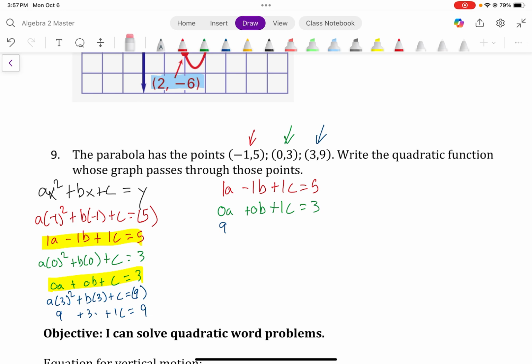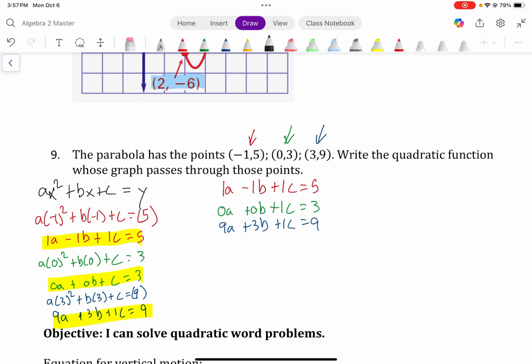My brain went absolutely crazy. Apologize if that made you lose your mind for a second. But I should have 9a plus 3b plus 1c equals 9. Here's my system of equations.